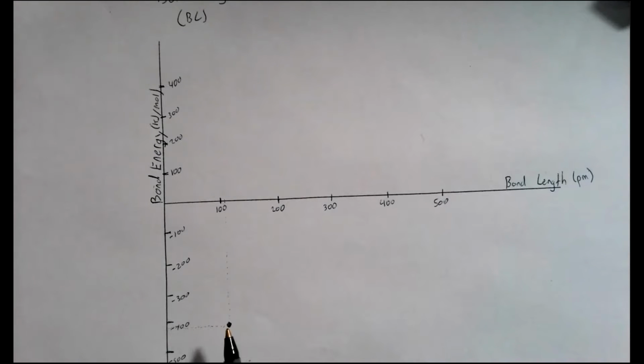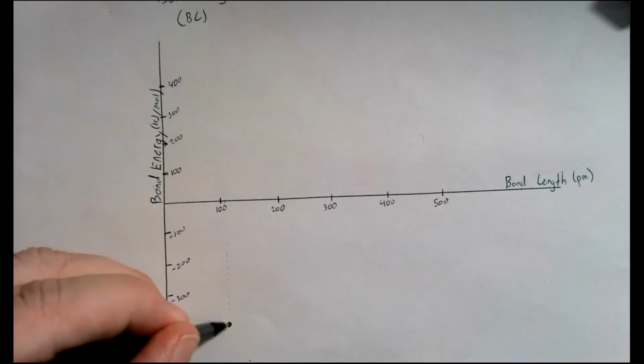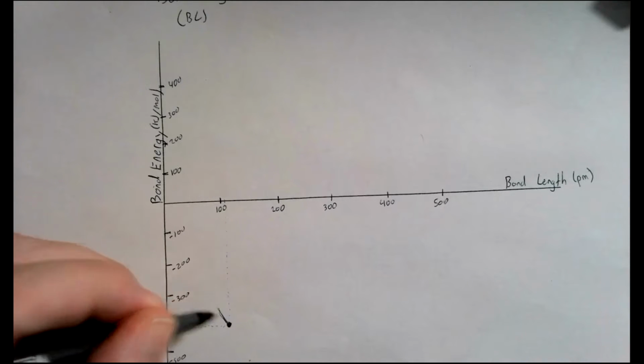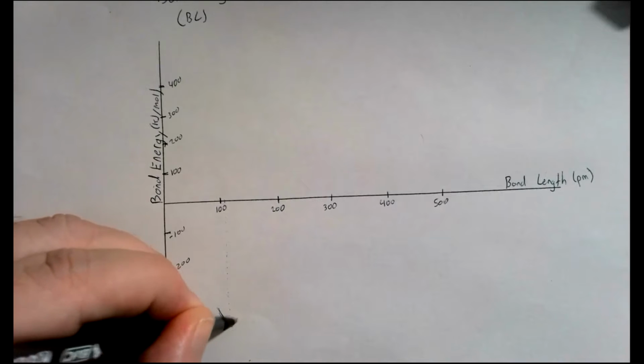So that's certainly not perfect, but that's in a pretty good spot. And then now, because we're only giving you one data point, you really just have to do your best to get this curve sketched out.